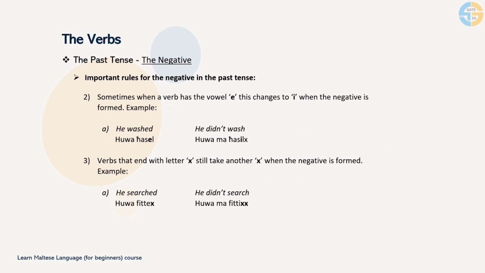Rule number 2. Sometimes when a verb has a certain vowel e, this changes to another e when the negative is formed. For example, so he washed.